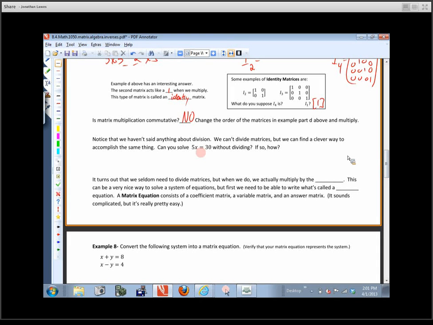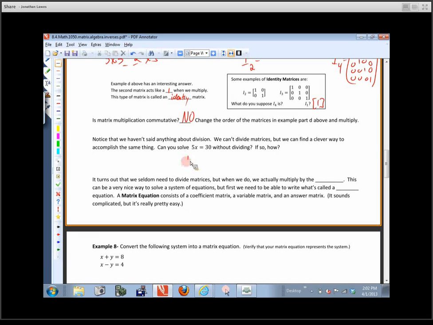If I gave you this equation right here, 5x equals 30, and I said you can solve that, but you got to solve it without using division. I suppose you could use exponents, fractions, multiply by 1/5.